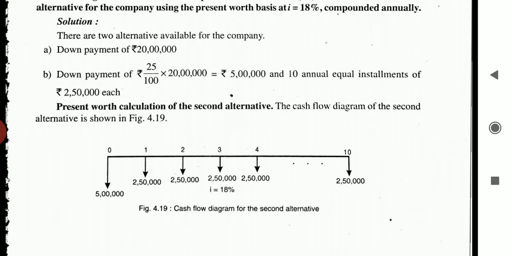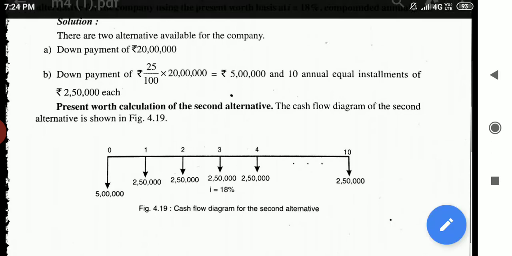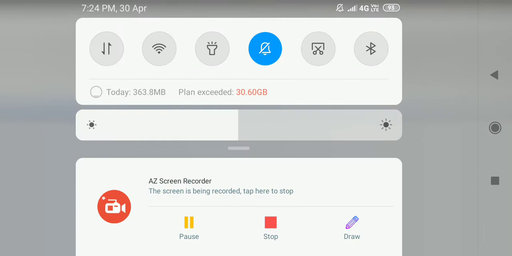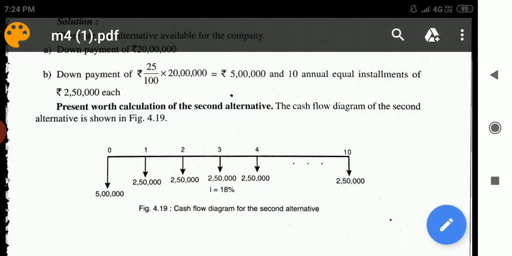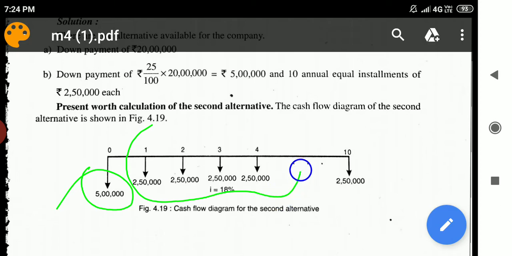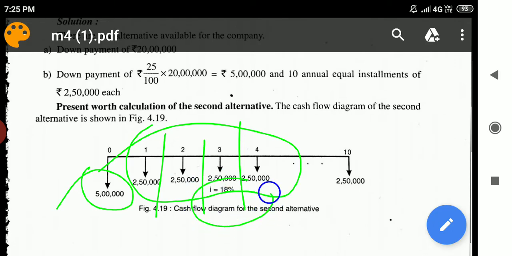So in this case it is an outcome, so it is downwards. Then the 2,50,000 equal installment, he has to pay this amount, so it also comes downwards. At the interest rate of 18%, 2,50,000 in 10 equal installments.